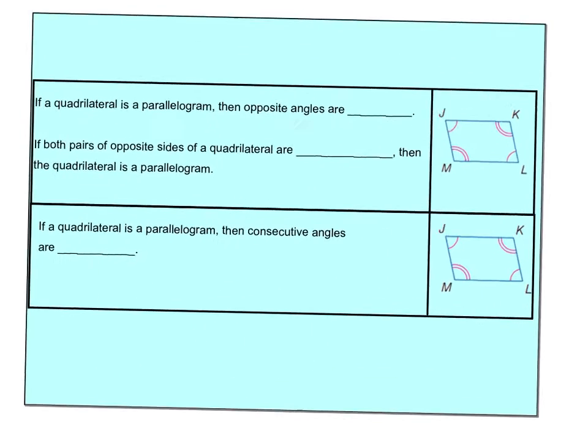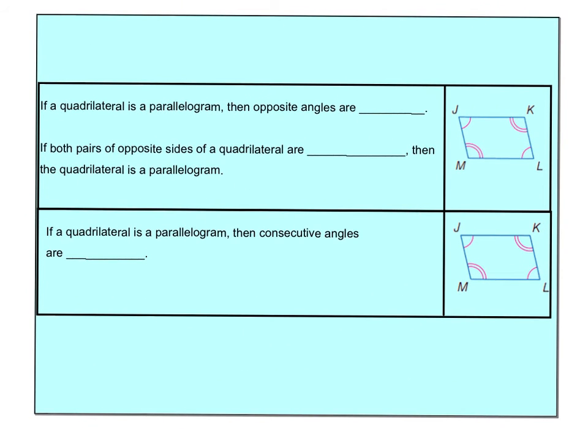So now we kind of go inside the shape a bit. First one, if opposite angles are congruent, then it is a parallelogram. So we're looking for congruence there. And then, much like parallel lines, when we had a transversal way back in Unit 2, remember this was the only situation where it equaled 180.